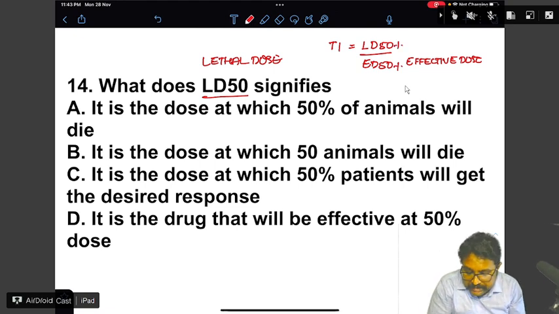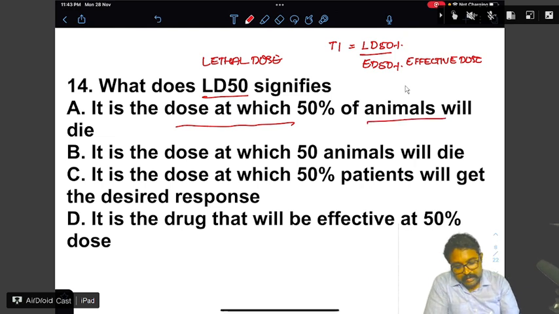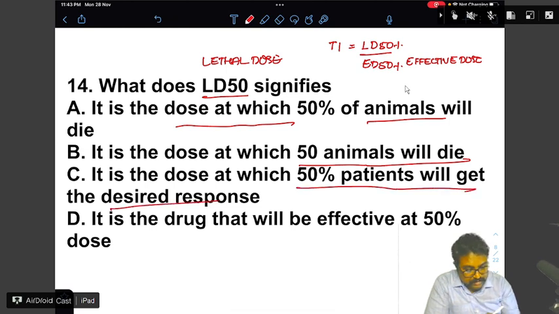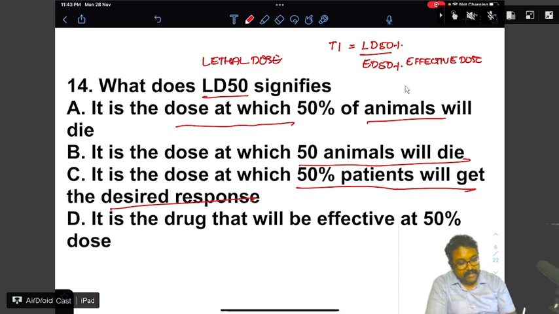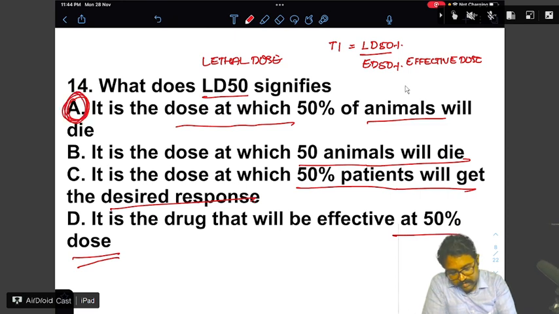So let us see the options. It is the dose at which 50% of the animals will die. It is the dose at which 50 animals will die. It is the dose at which 50% of the patients will get the desired response. So the correct answer for this question, LD50 signifies, is the dose at which 50% of the animals will die.